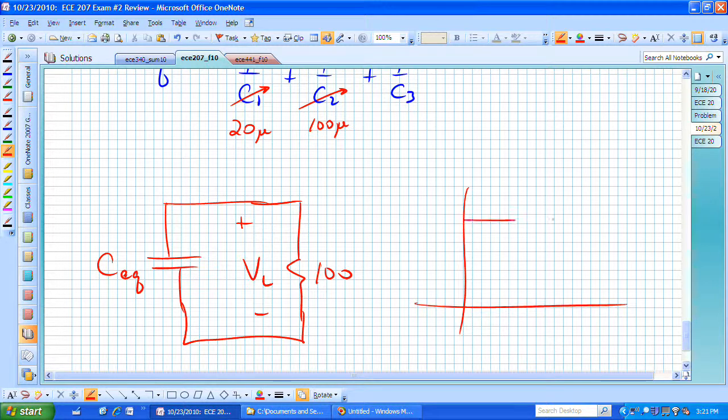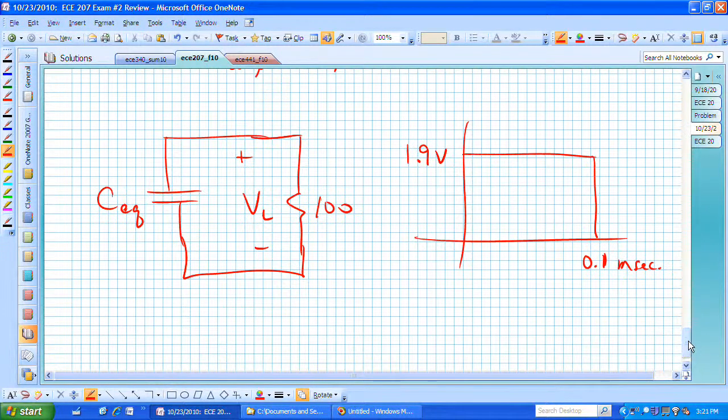We now know that that's 1.9 volts on average, and this is 0.1 milliseconds in length of time, and this is voltage V sub L.